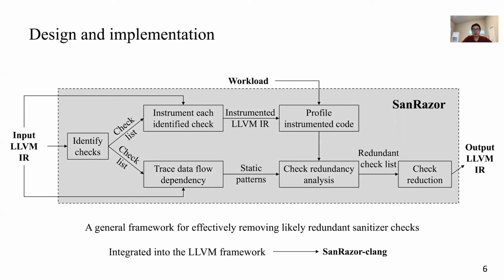In summary, SanRazor is a general framework for effectively removing likely redundant sanitizer checks, and we integrate it into the LLVM framework by providing a wrap of clang, namely SanRazor clang.